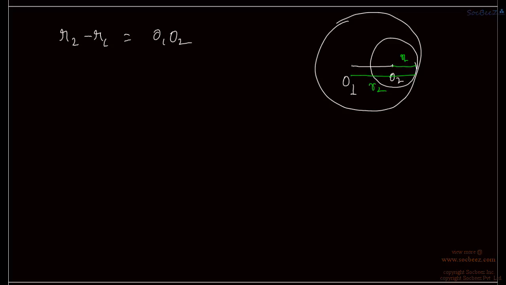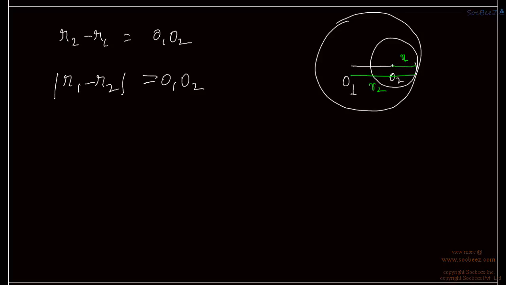Or if you don't know which radius is greater, we can simply write mod of R1 minus R2 is equal to O1 O2 for this case. So this is the intersection between two circles.